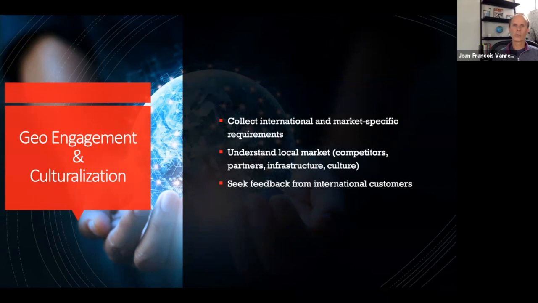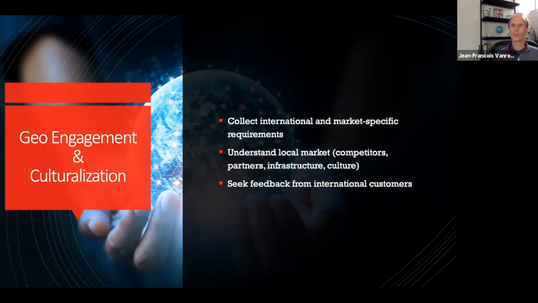Sometimes you need to understand also how the infrastructure is in those different countries. I remember many years ago with Adobe, in Japan, for example, the Japanese office was asking us to provide the documentation in PDF format, and the main reason was that the Japanese people were reading the documentation on the train.